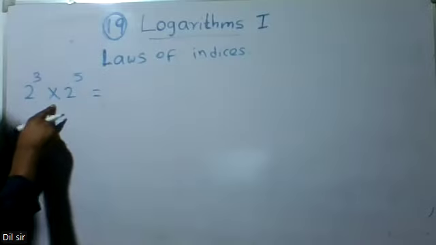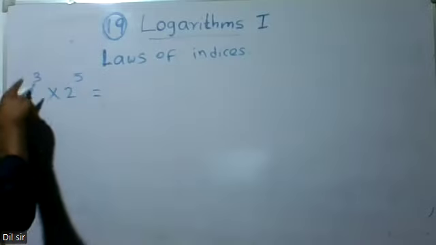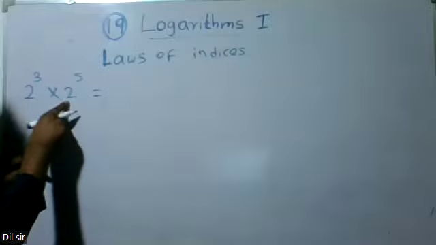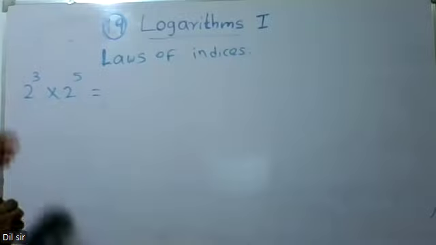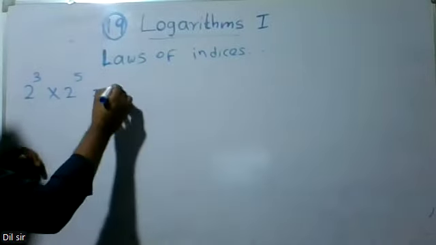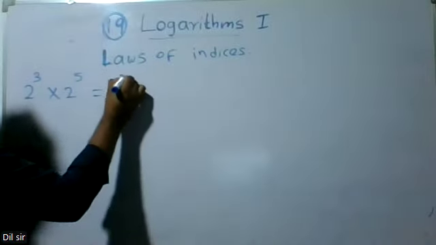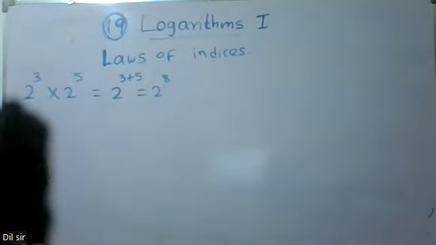And the mathematical operation is multiplication. 2 to the power 3 times 2 to the power 5. We call this a product of powers with the same base. The base is 2 and 2. Simplify: 2 to the power 3 plus 5. I think you remember this. What is the answer? 2 to the power 8.